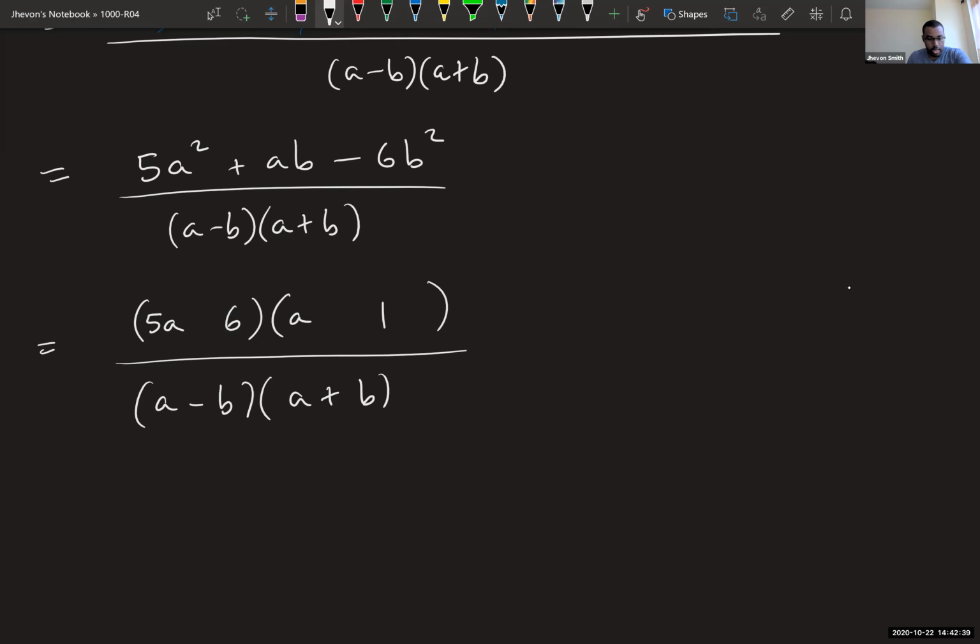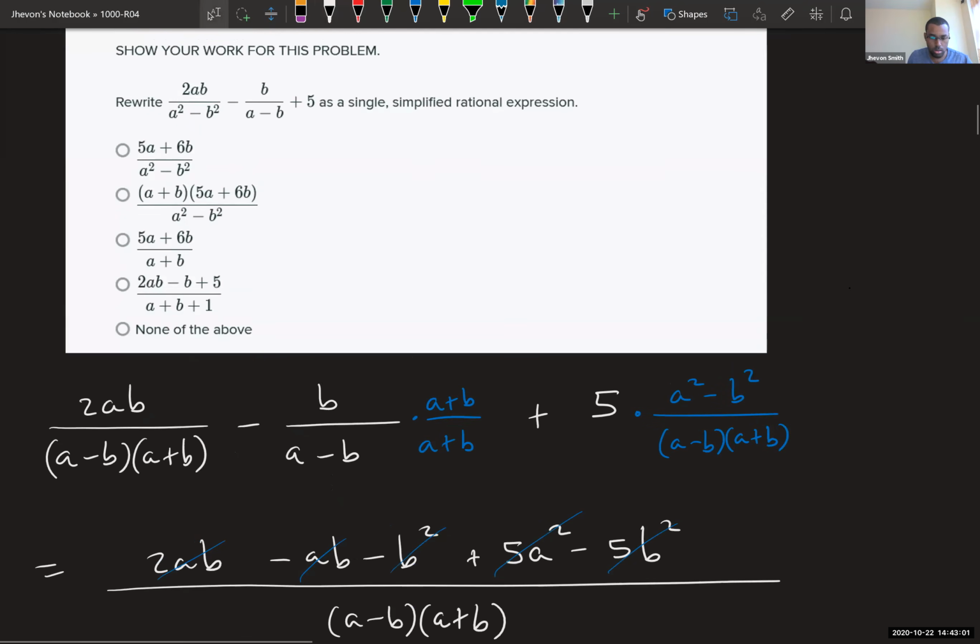If I want to get a positive A, I would have to put a plus here and a minus there. And then you just attach the B afterwards. You'll notice that now these guys cancel. And so you would end up with 5A plus 6B over A plus B. That's this option right here.